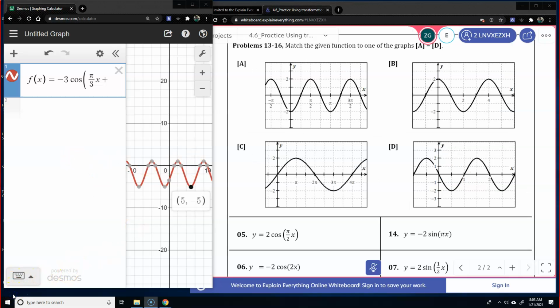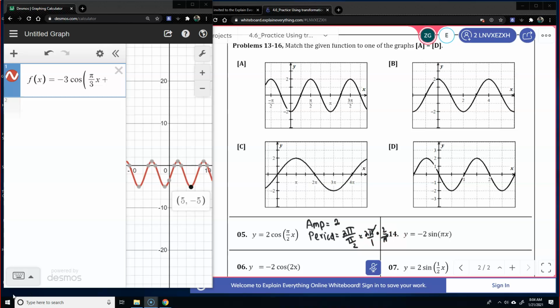For number 5, we know that the amplitude is equal to 2. Now to find the period, it will have to be 2 pi over pi over 2, which is the same thing as saying 2 pi times 2 over pi.